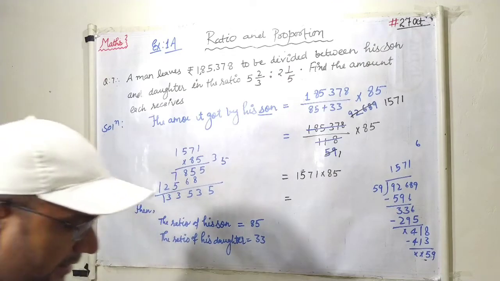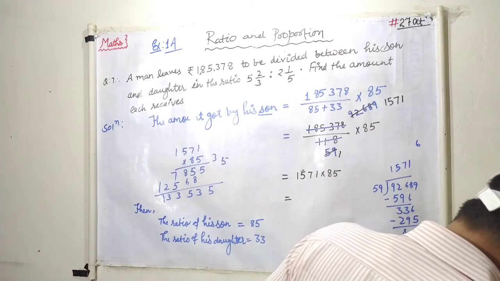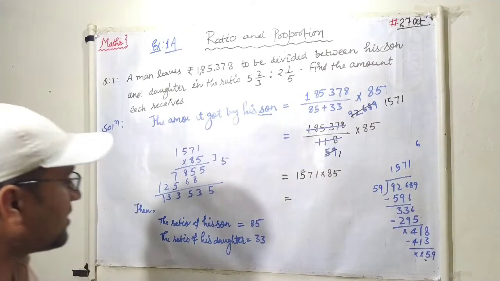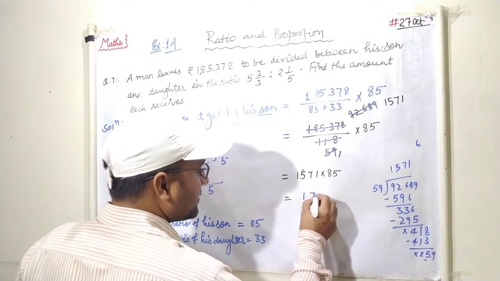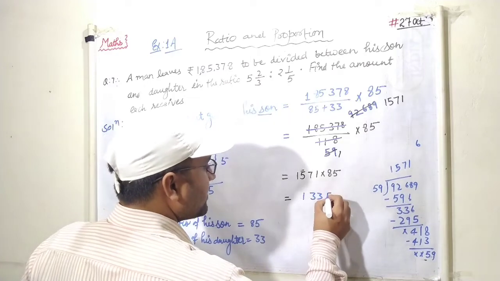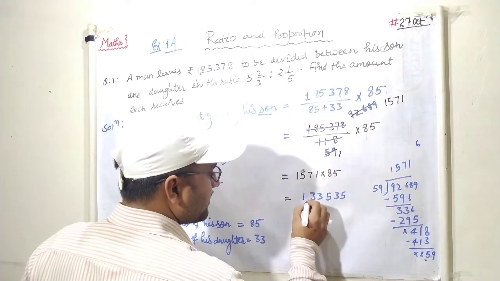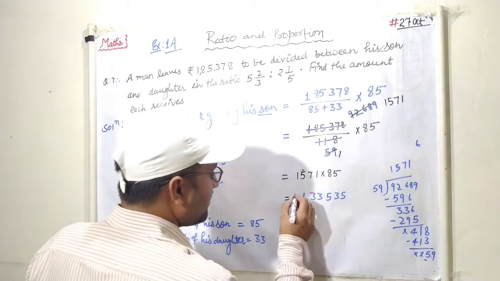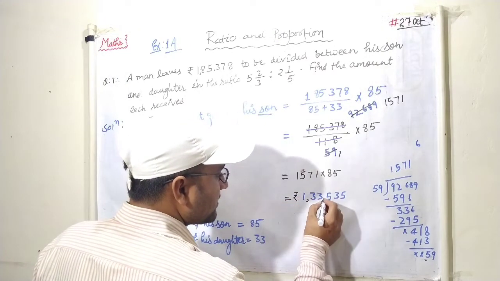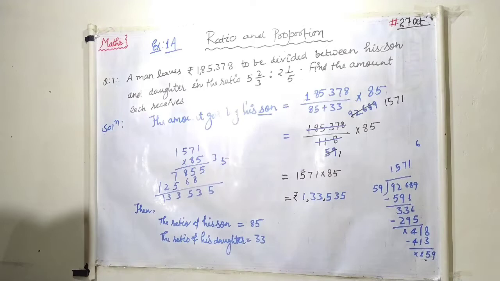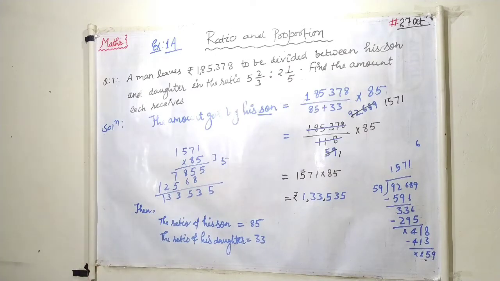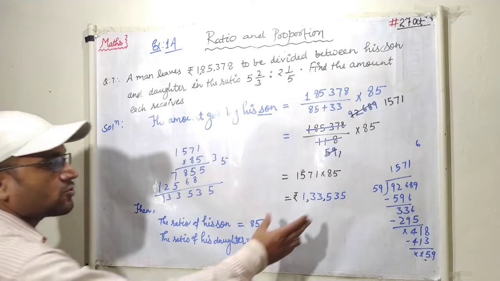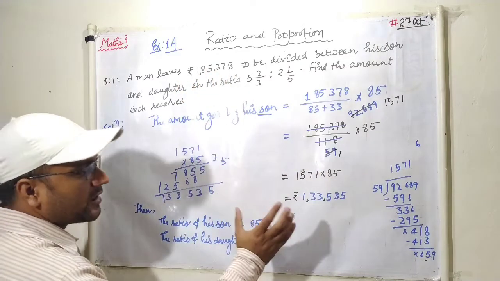So you will get 1,33,535. This is the amount got by his son, 1,33,535, after multiplication, students.